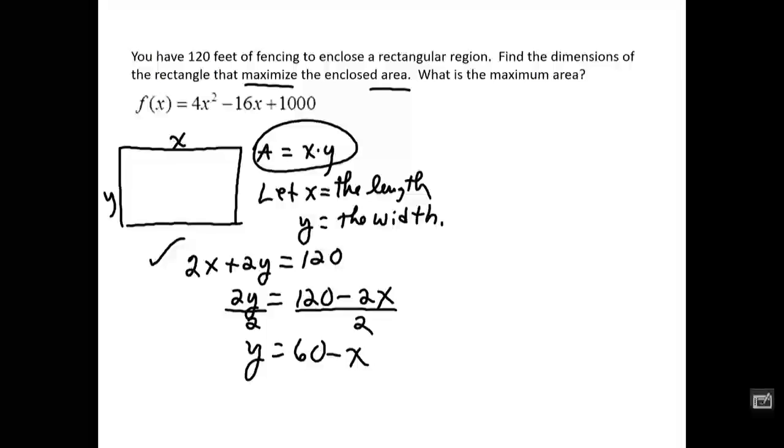So what we have now is that A is equal to x times y, but y is 60 minus x.